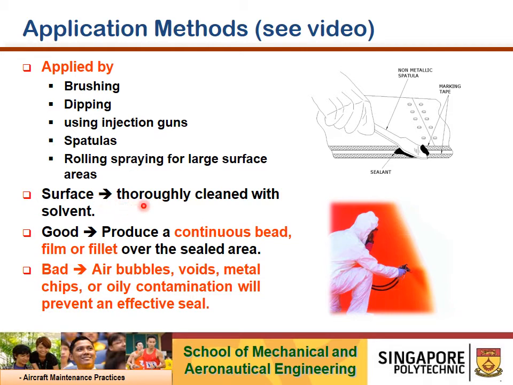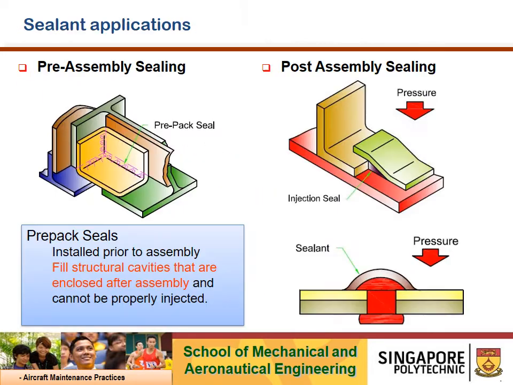Alright, so before you apply the sealant, ensure that it's thoroughly cleaned with solvents to remove any oil, dirt, or contamination. And a good application of sealant should produce a continuous bead, film or fillet over the sealed area. So avoid air bubbles, voids, metal chips, or oily contamination that will prevent an effective seal.